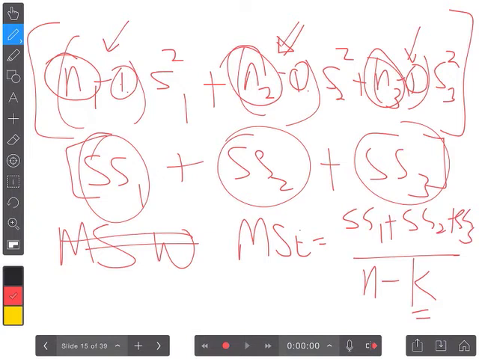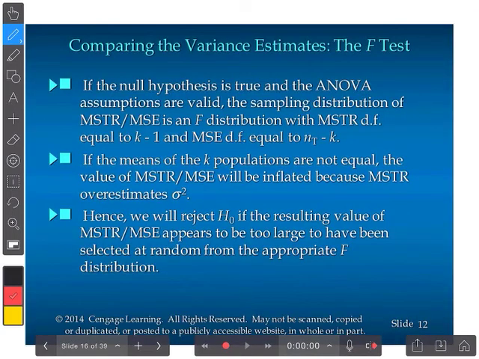So now we have the 2 estimates of the population variance. One is between treatments, the other one is within treatments. And so now we compare those 2. You will recall that I mentioned that an F distribution is the ratio of 2 variances. There's a numerator variance and a denominator variance.